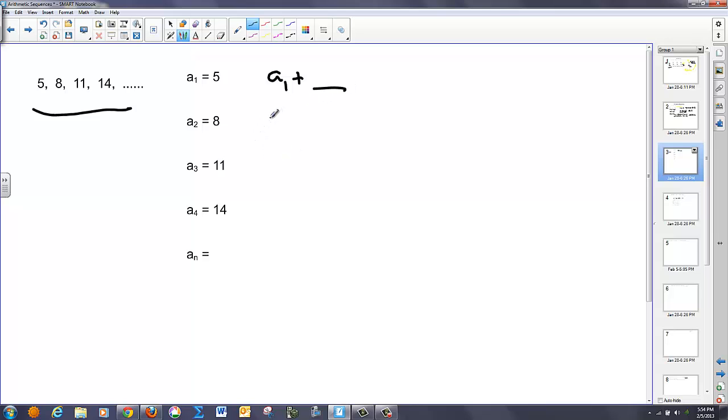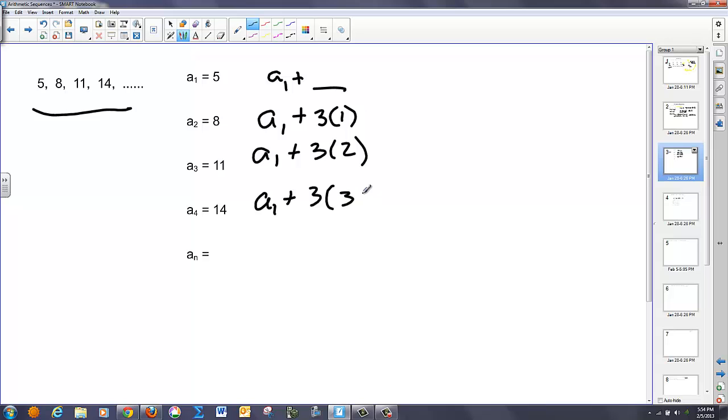The next term is the first term plus a common difference of 3. And there's one common difference there. Now, to get from 8 to 11, I use the first term, and then I add another difference of 3, so I'm at 2 differences of 3. To get to the next term, 14, I use the first term, and I add another common difference of 3, thus 3 common differences.